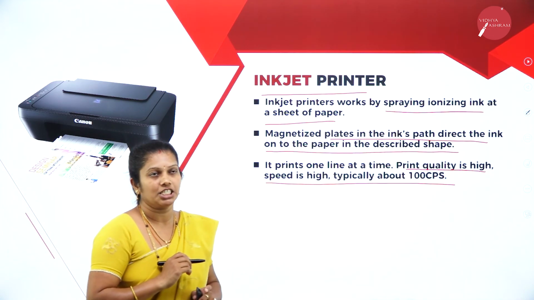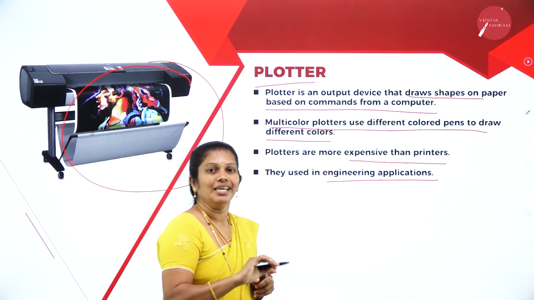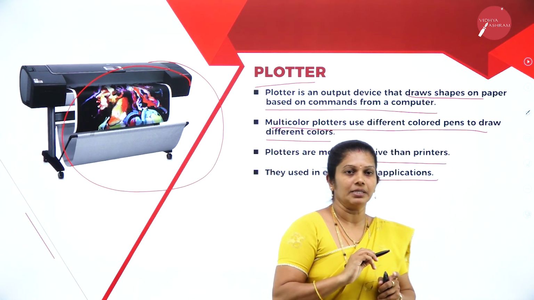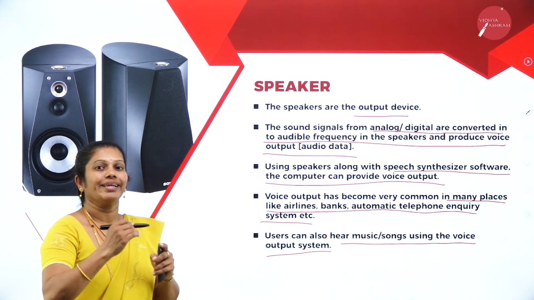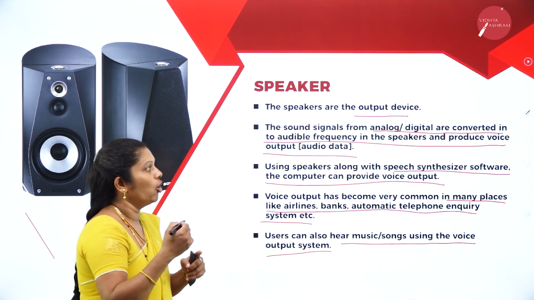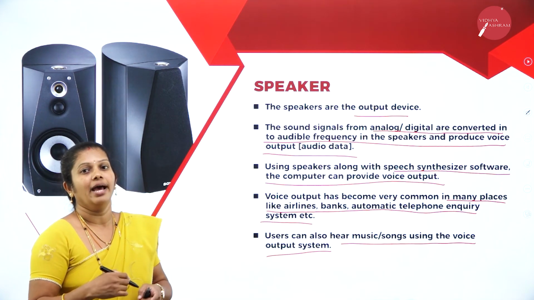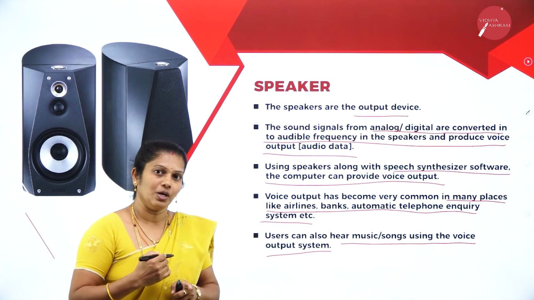By that the images are produced. Plotters also act like your printer only, but are especially used for engineering drawing purposes. The next one is the speaker, which helps to get the voice output. It will convert analog as well as digital signals to audible format, and then we can get proper output here. Now is it clear?